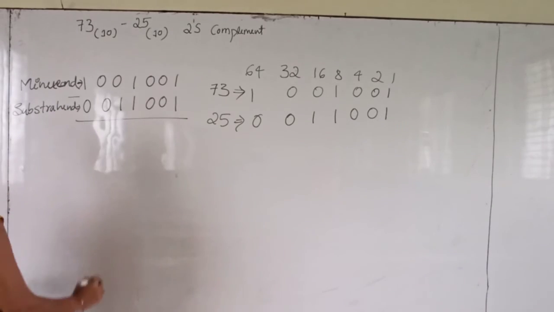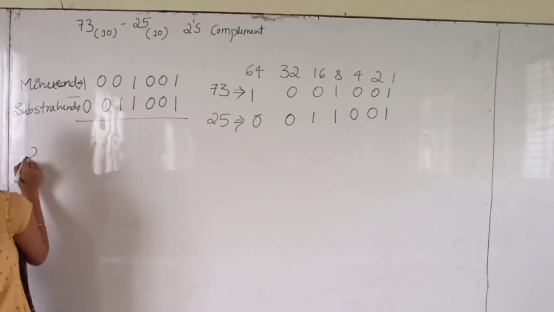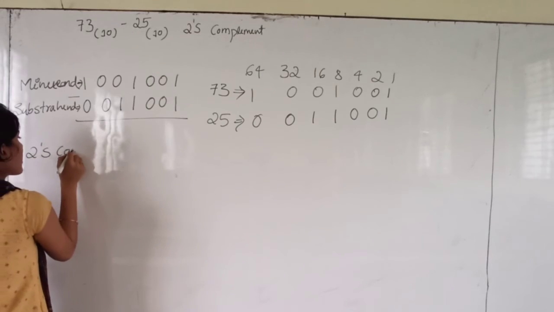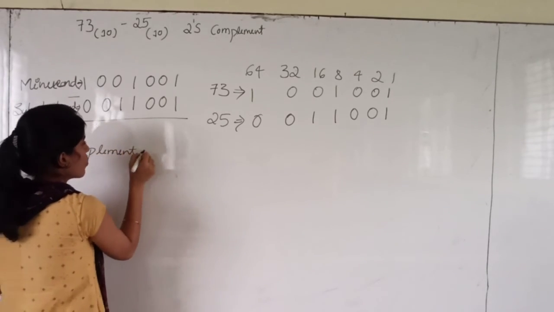First, what will you do? Just take the 2's complement of the subtrahend. How do we get the 2's complement? 1's complement plus 1.